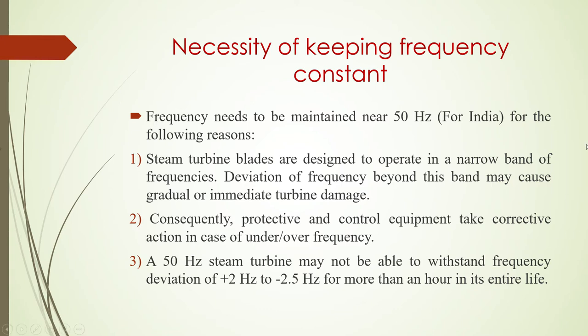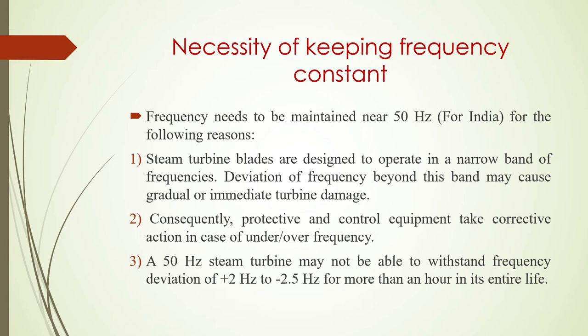If they are operating above or below this frequency, this will cause damage to the turbine. Next, second point, protective and control equipment will take corrective action in case of under or over frequency. Third one, a 50 Hz steam turbine may not be able to withstand frequency deviation of plus 2 Hz or minus 2.5 Hz for more than an hour in its entire life.